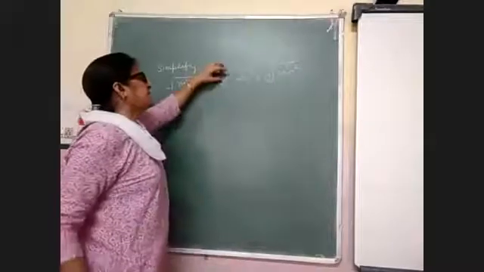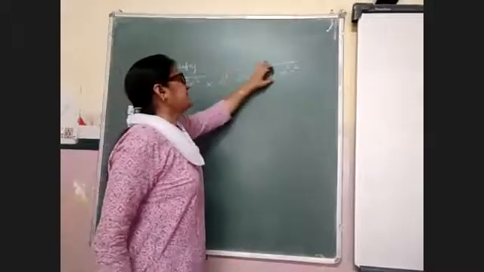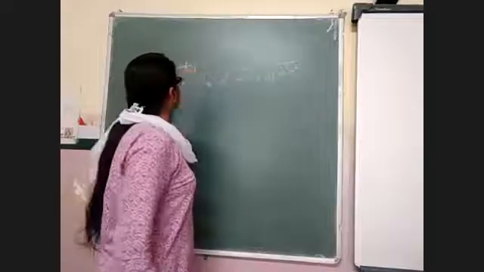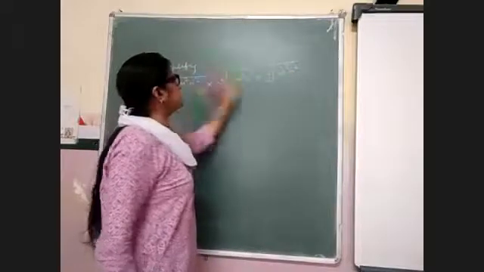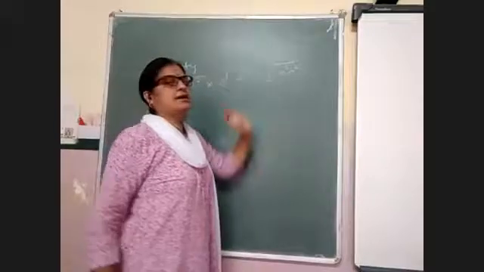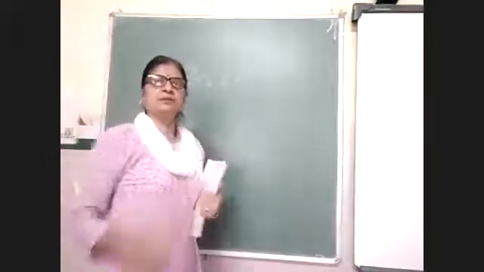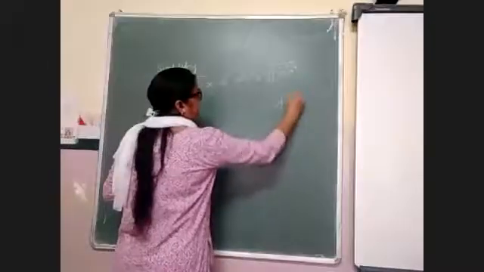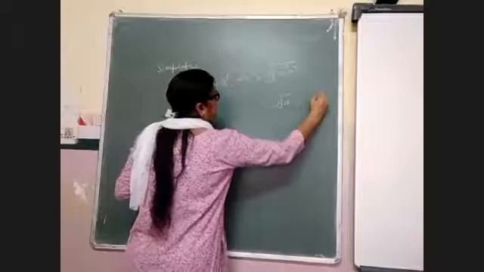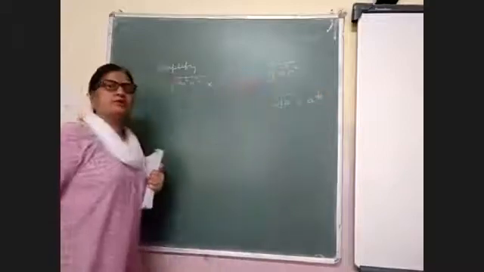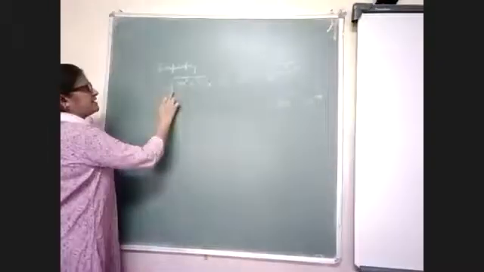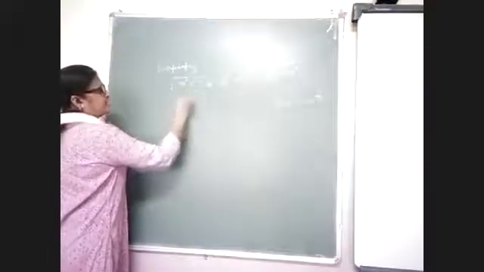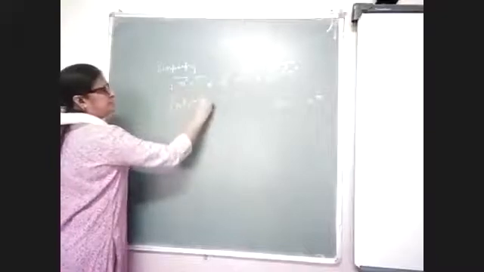Here the roots 6 and 7 are given, and inside the root, m square n square, all the variables are the same. So how can you write this? The nth root of a is equal to a raised to the power 1 upon n. Here the root is not given, so you can write it as 1 upon 2.